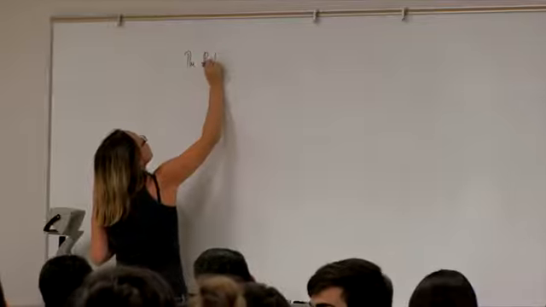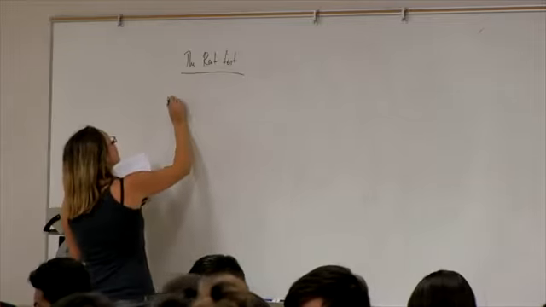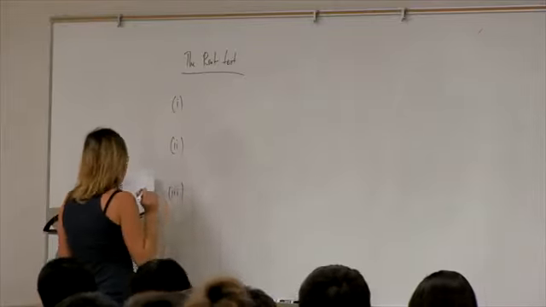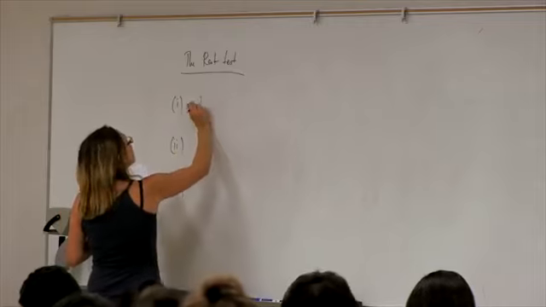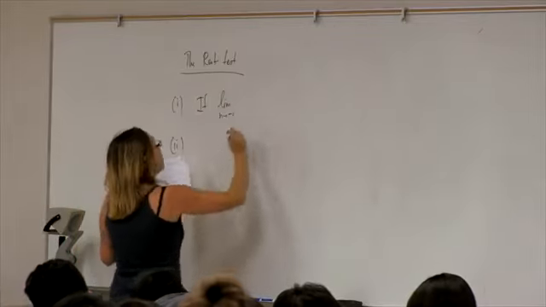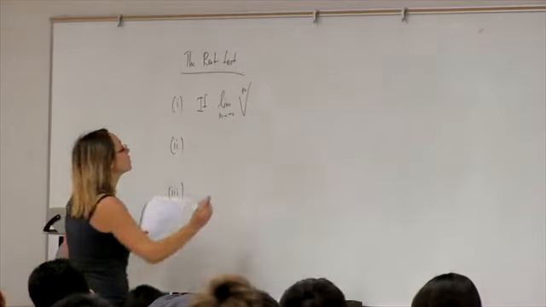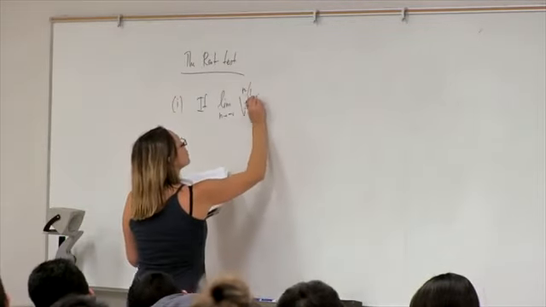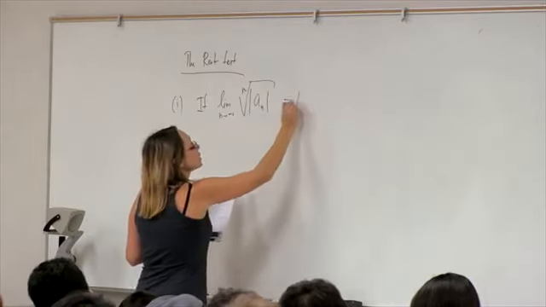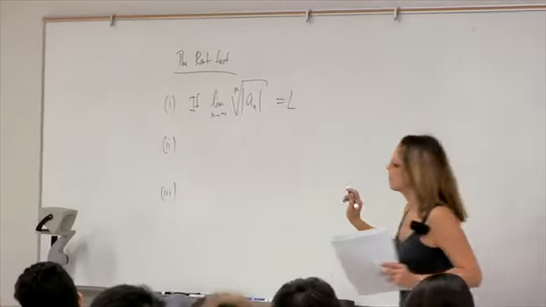The root test. So again, 1, 2, and 3. So on the left, we have a limit as n goes to infinity of the nth root of the absolute value of a_n. Again, we call that L. And we compare this quantity with 1. So all the rest is the same.